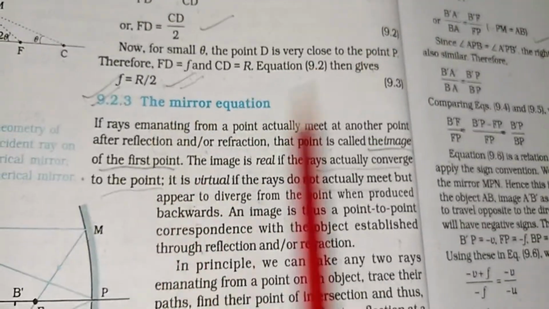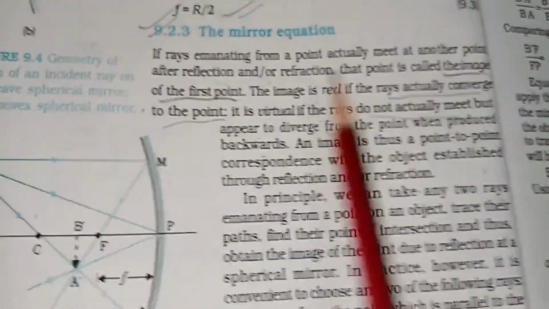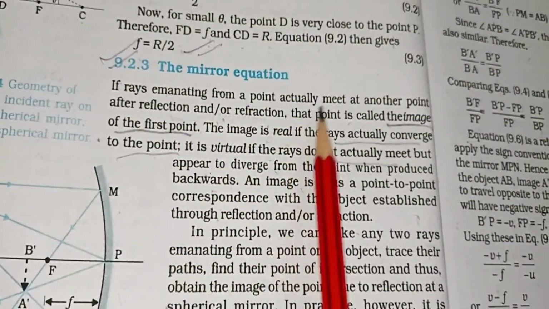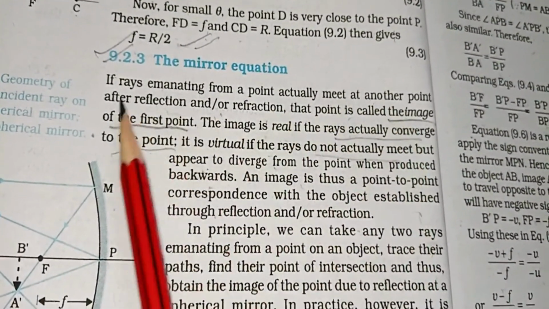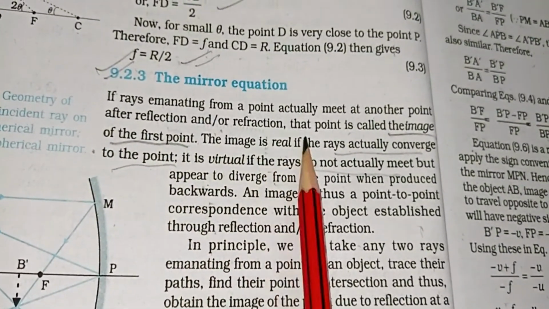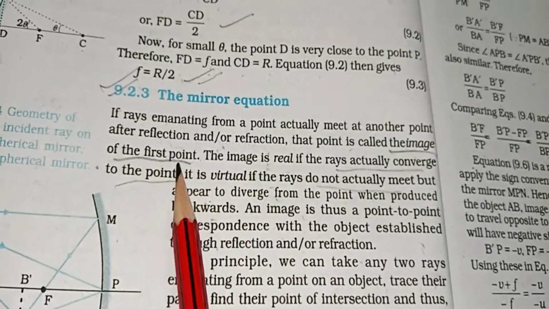The next topic is the mirror equation, and this is the figure in which we will describe it. The rays emanating from a point actually meet at another point after reflection or refraction. That point is called the image of the first point.